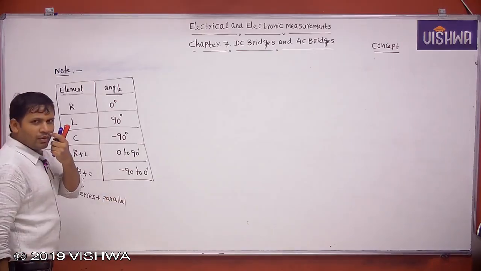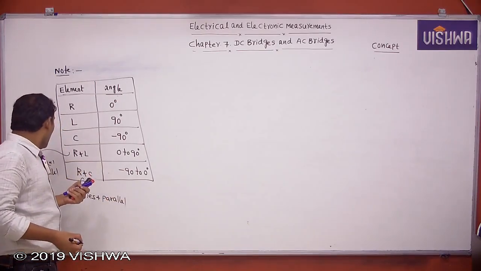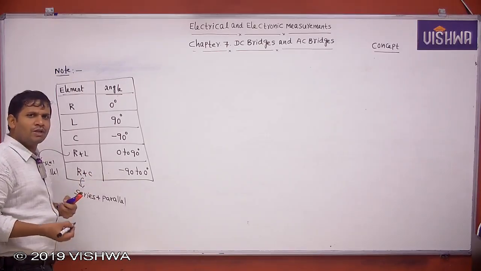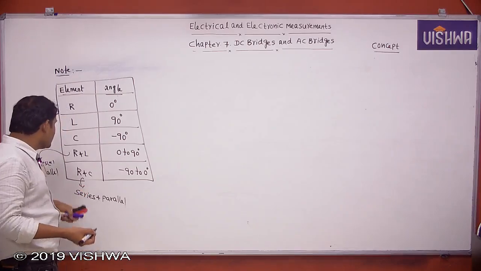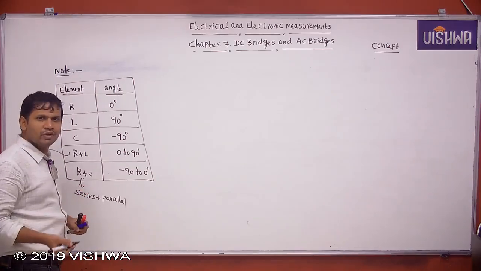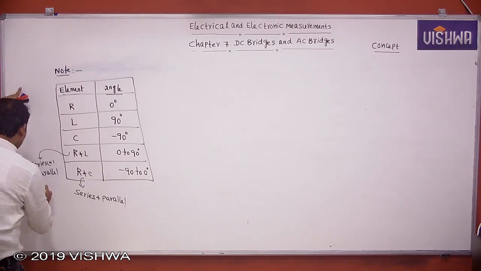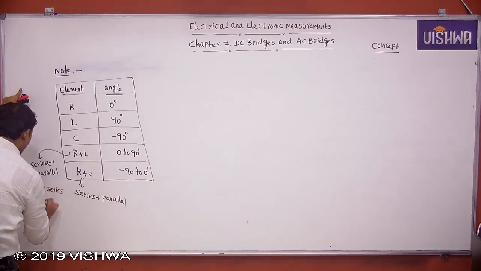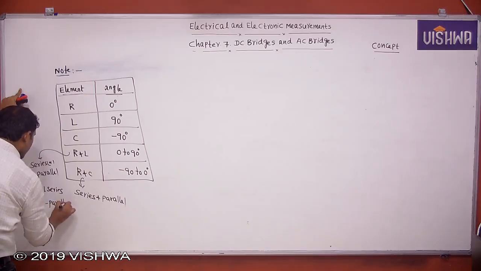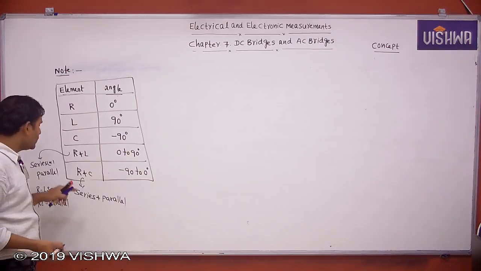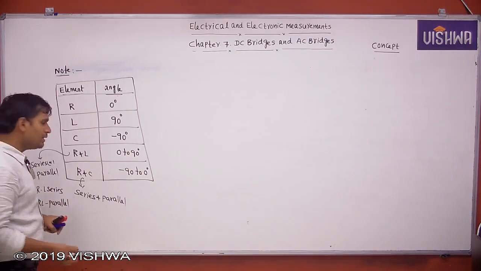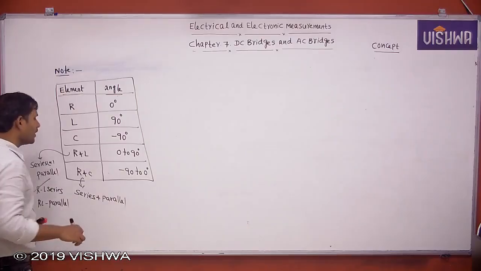Sir, if both RL series and RL parallel are given in the options, which one can you select? If the answer is RL elements and both series and parallel are given, then you give preference to series only in the RL combination.